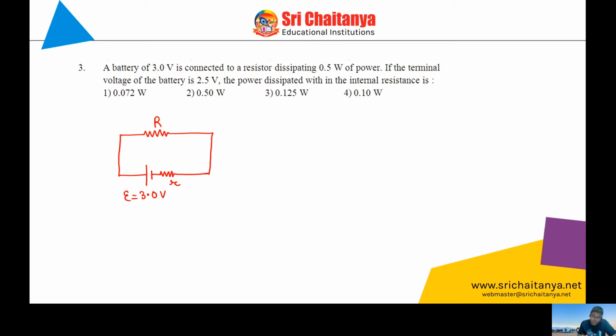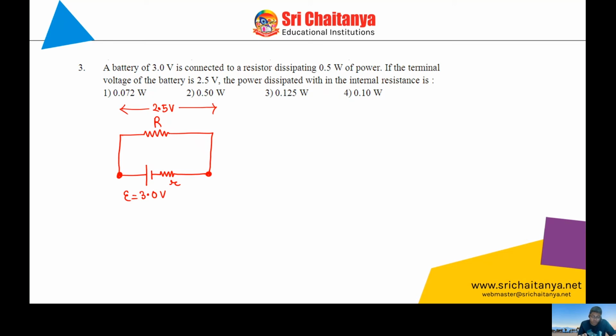Okay, and it is also given to us that the terminal voltage of the battery, like the voltage potential difference between the terminals of this battery, is given to us as 2.5 volts. So you can also say that 2.5 volts will be the potential difference across the external resistor also.